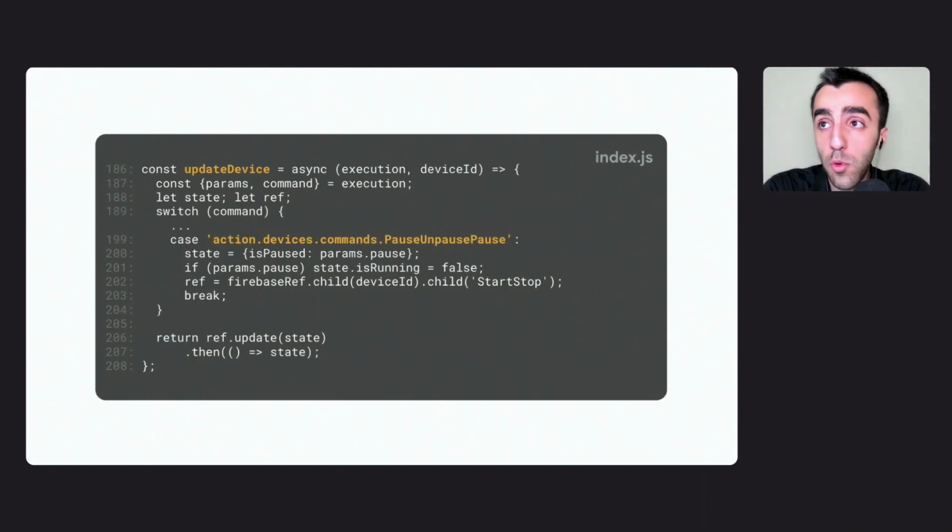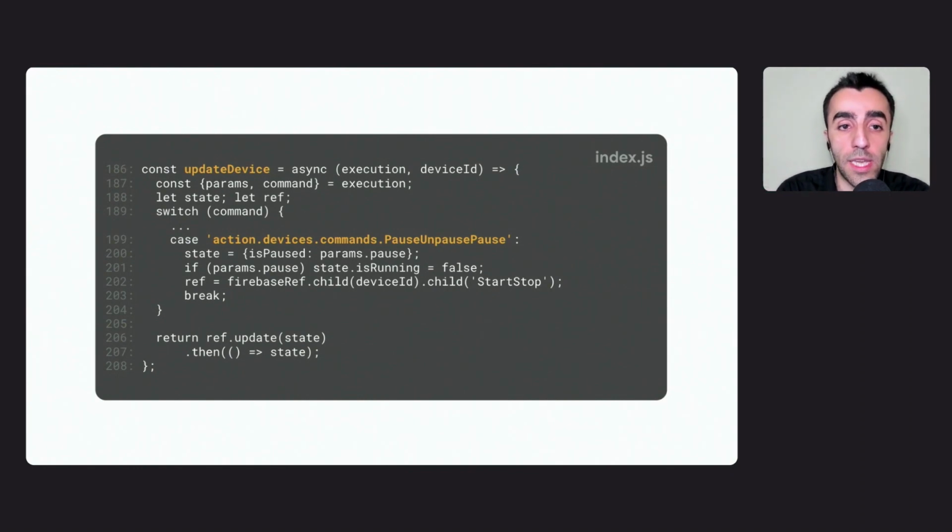So this one, you can find it in line 186. Taking a look at the update device, we'll see that it's an asynchronous function with a few variable definitions. Then you'll see a beefy switch that compares the command value coming in to different cases. In our implementation, each case represents a trait here.